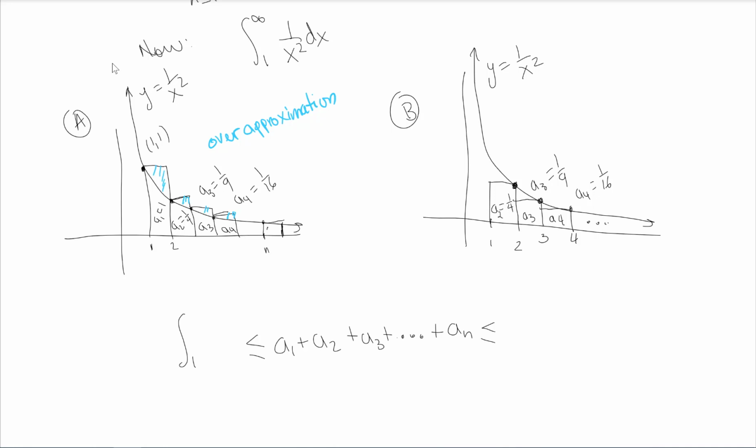So this is my A sub n, and this is n plus 1. So it's going to go from 1 to n plus 1 of f of x dx.